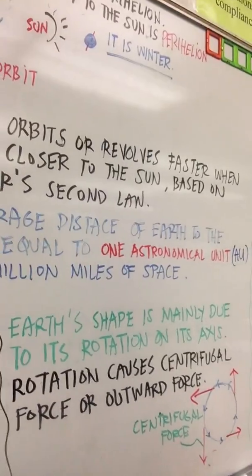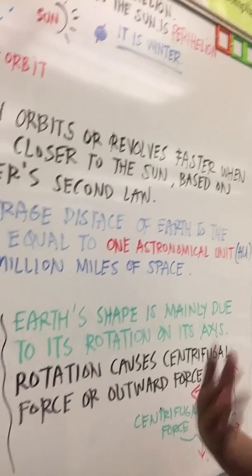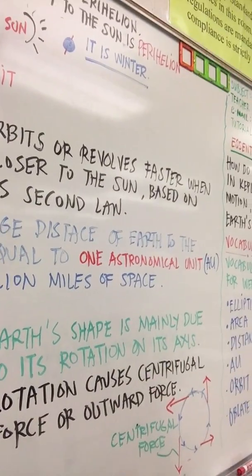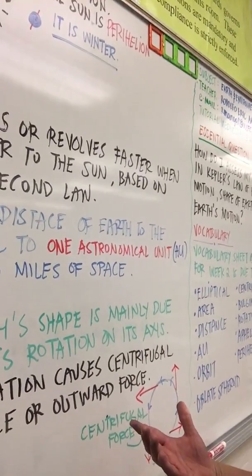One thing that we need to remember about Kepler's second law is that planets orbit or revolve faster when they are closest to the sun, and they revolve or orbit slower when they are farther from the sun.